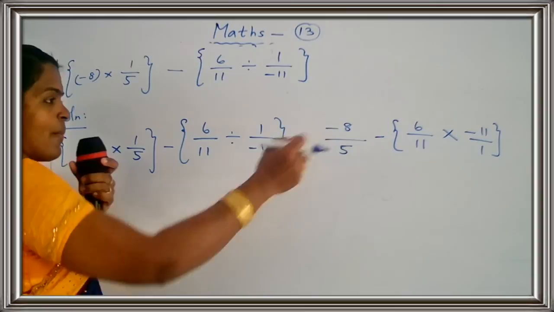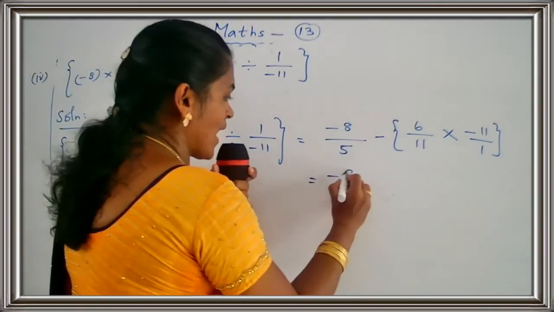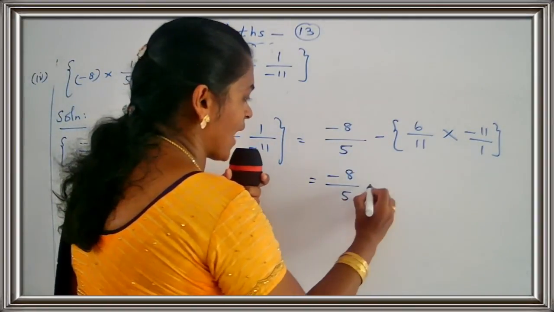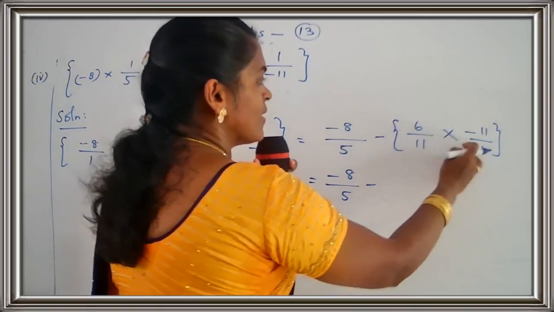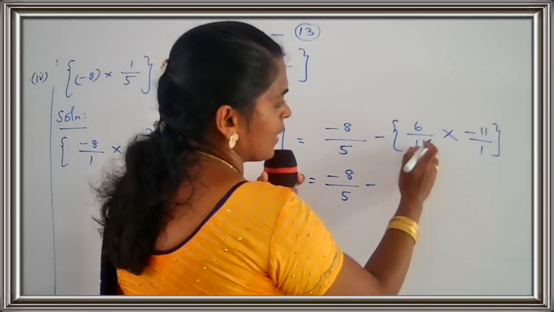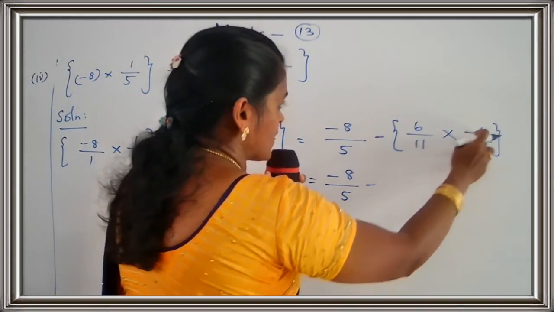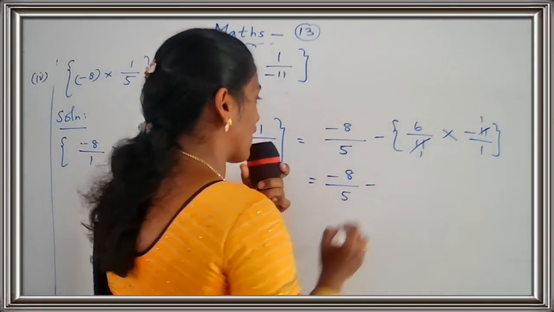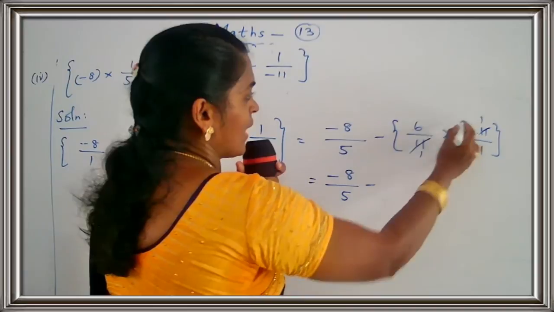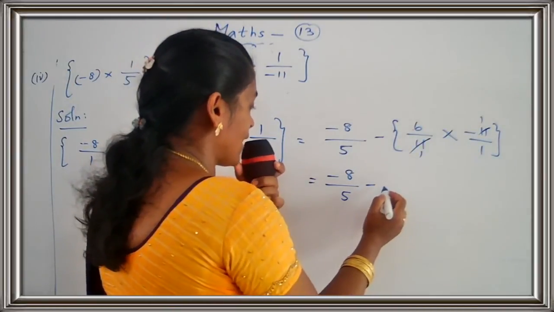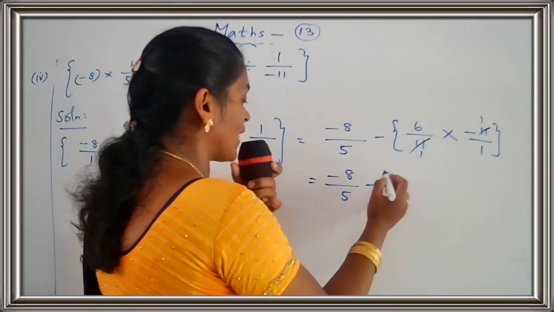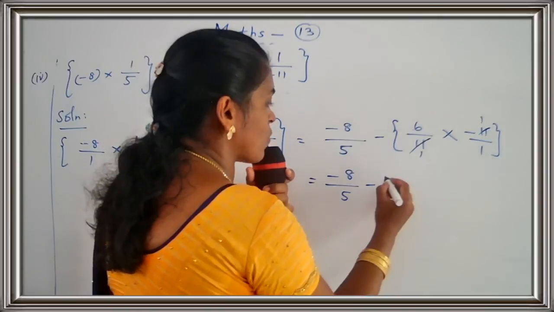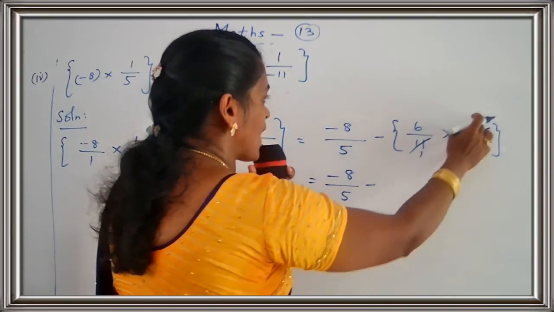But here in subtraction, what to do? We add the additive inverse of the rational number to be subtracted to the other rational number. Okay. The additive inverse of a rational number is the rational number of the same magnitude as the given rational number but with the opposite sign.